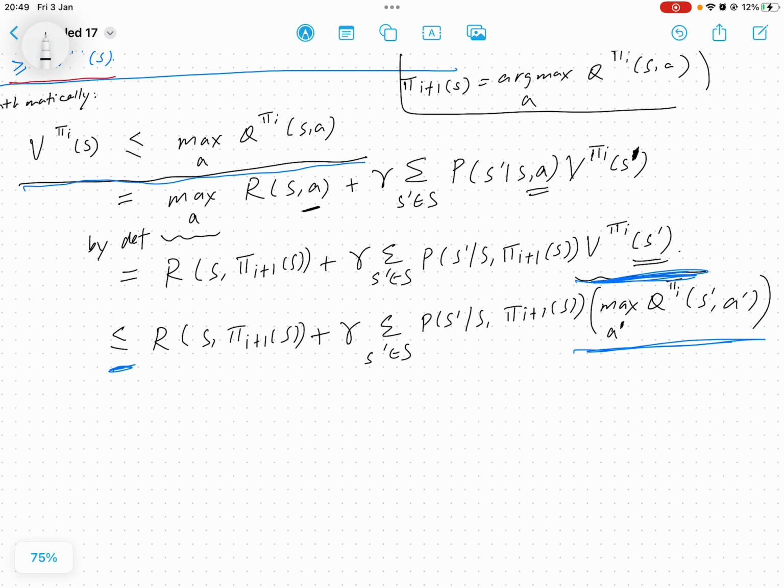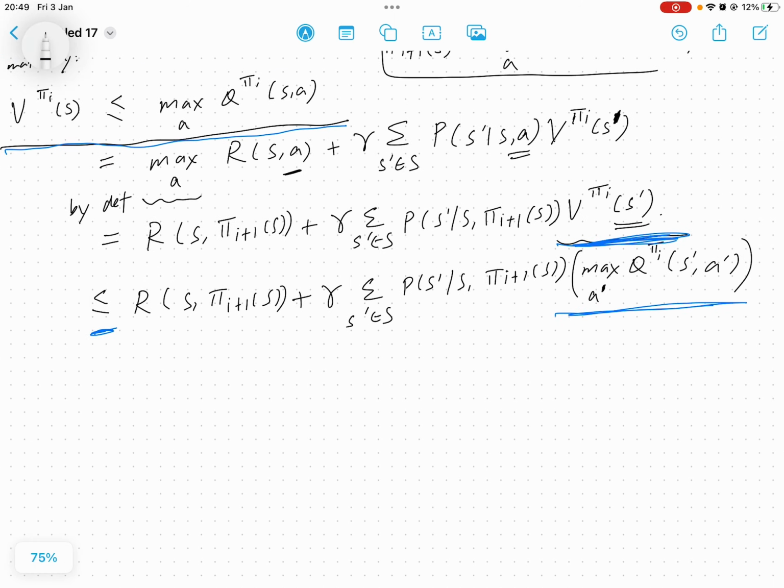Good. So what do we do next? Next will be just a repetition of the first step, right? So that'll be just the repetition of this inequality here, using the reward to expand or rewrite this max Q over some a prime, right? So we copy and paste the first and second term.